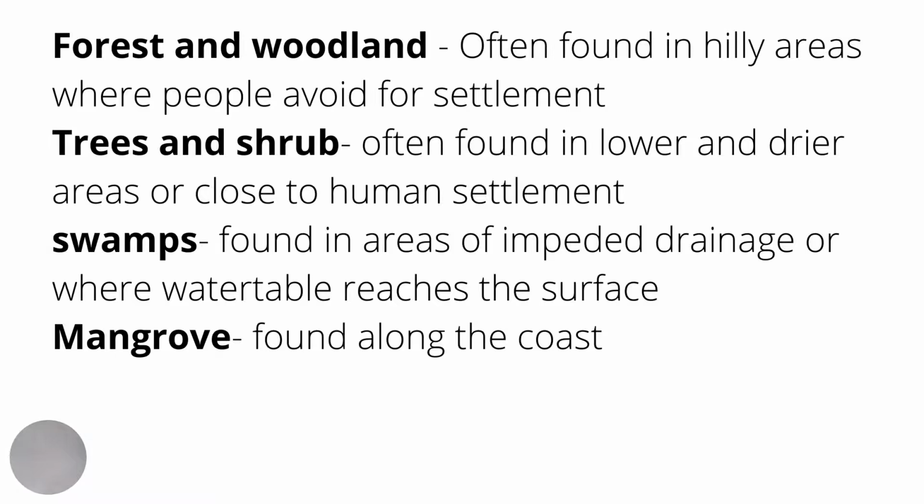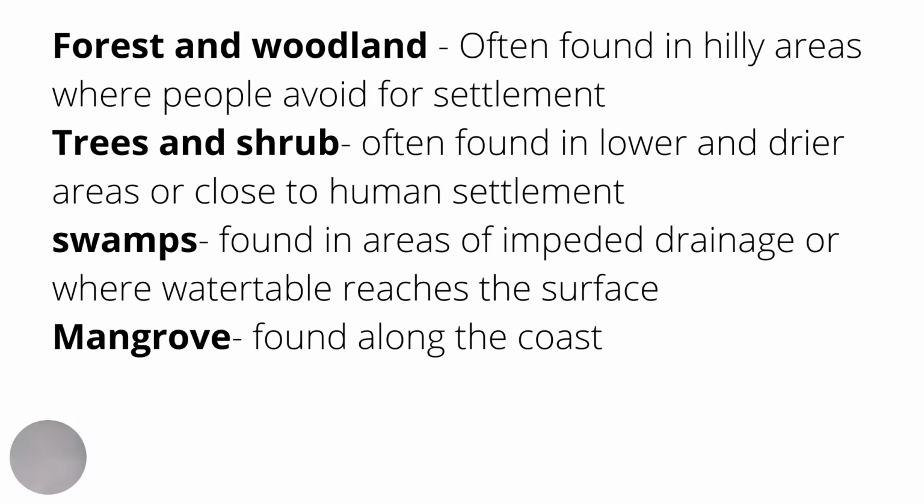Notice I said natural vegetation. So you might also see other types of vegetation, but those other types are agricultural vegetation or cultivated vegetation. So you have to read the questions very carefully to see exactly what you're being asked to talk about.